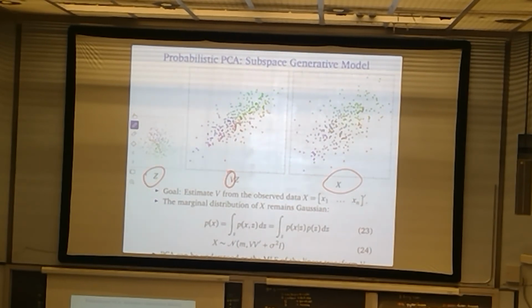This z is fixed. I know it's just a Gaussian with a standard deviation of 1. I know the behavior of this, even though I don't know which one's which. I only need to learn this governing transformation, but I only have these noisy observations.